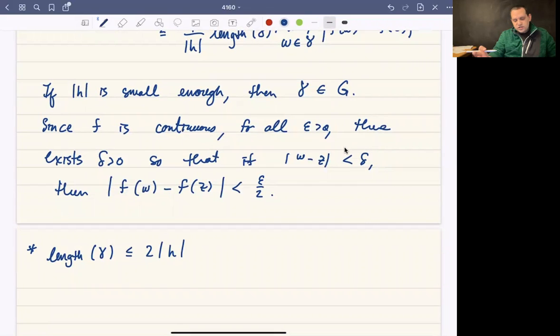We don't really need this condition, but it is helpful. So the length of gamma is less than or equal to twice the modulus of h.